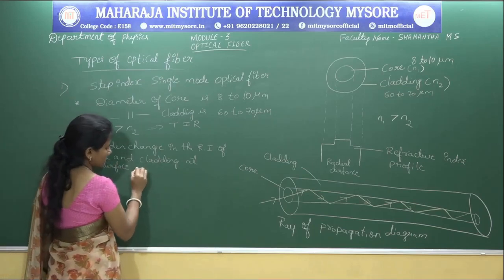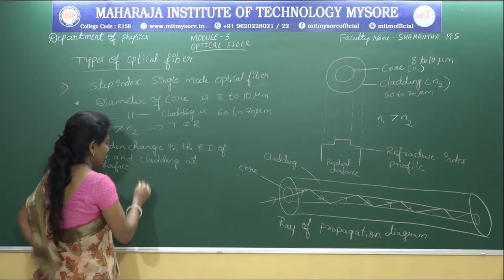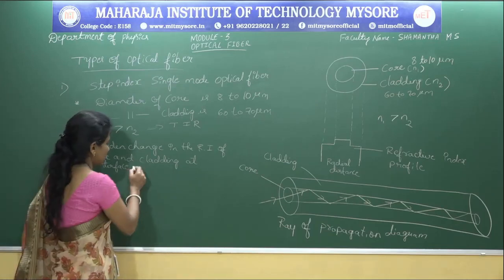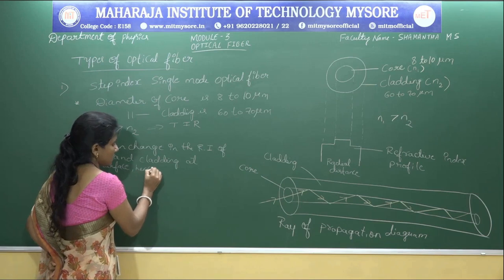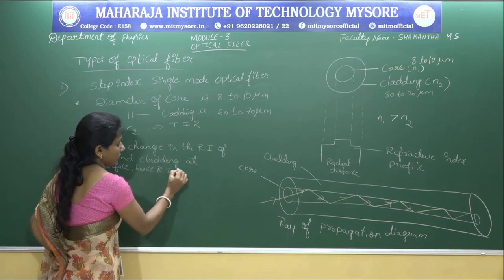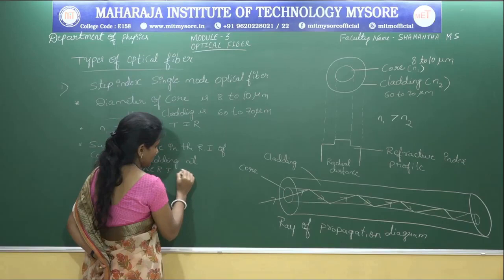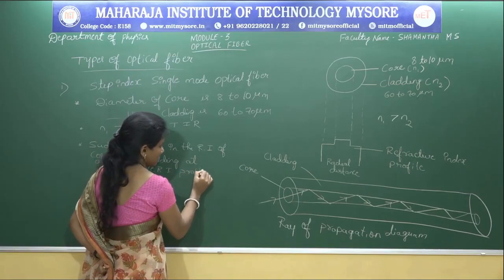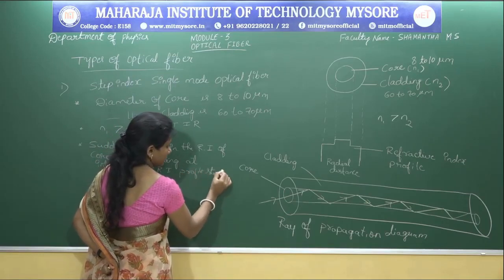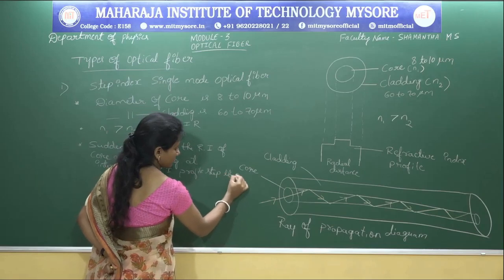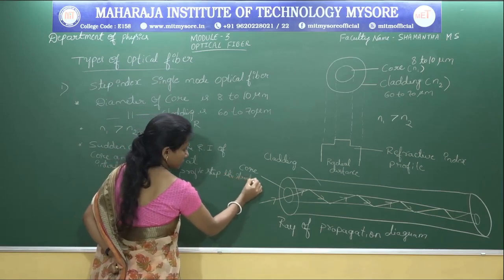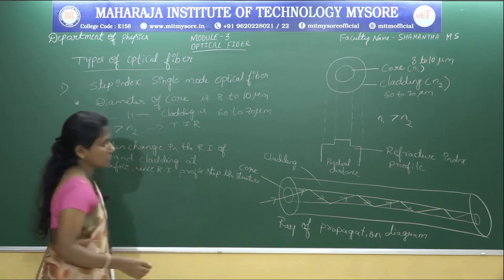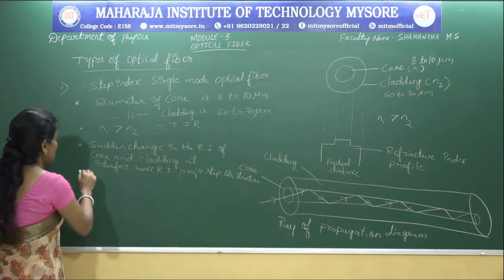That's why it takes a step-like structure. Hence the refractive index profile is a step-like structure.